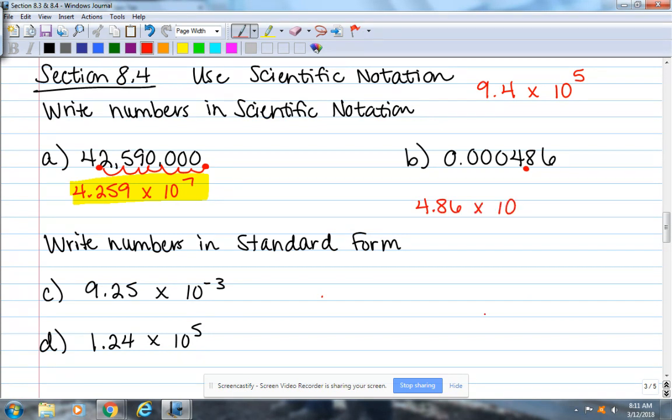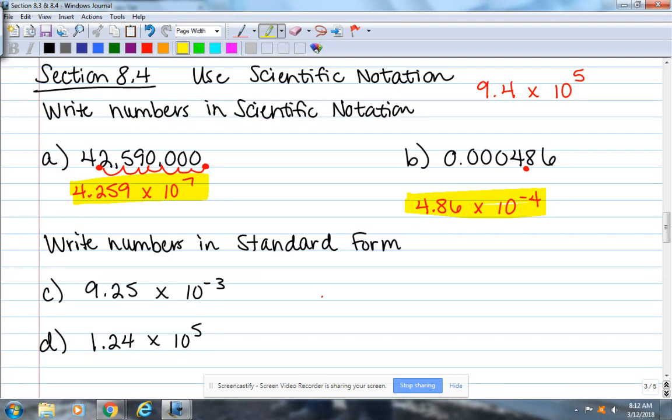Are we going to have 10 to a positive power or 10 to a negative power? A negative exponent, because the number started out less than 1. Okay? So then we count how many times we move the decimal. 1, 2, 3, 4. So it's going to be 4.86 times 10 to the what? Negative 4. Any questions about that?